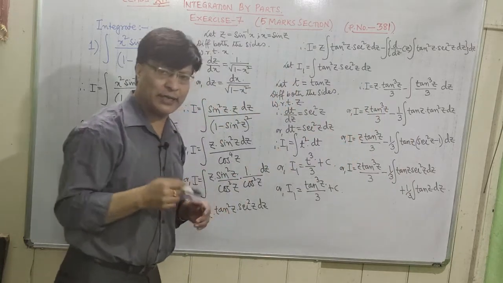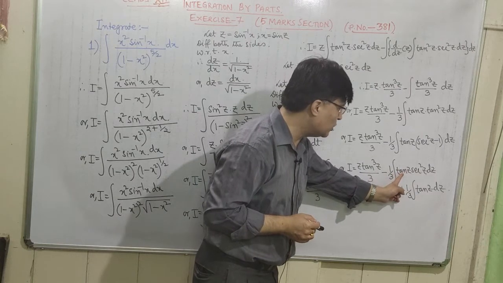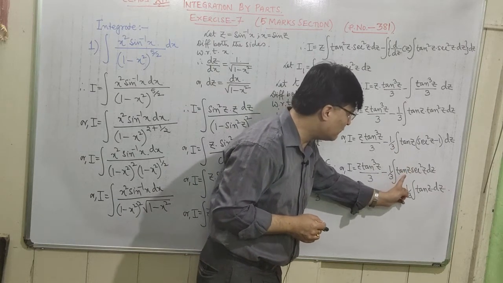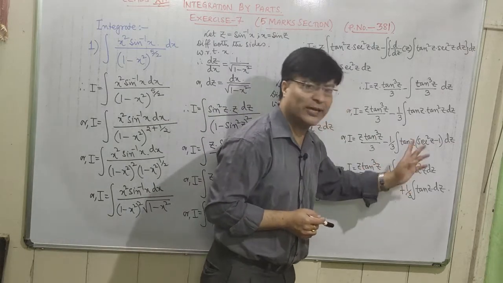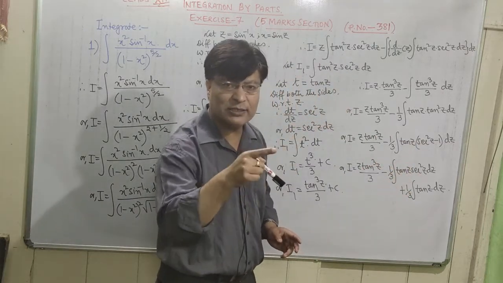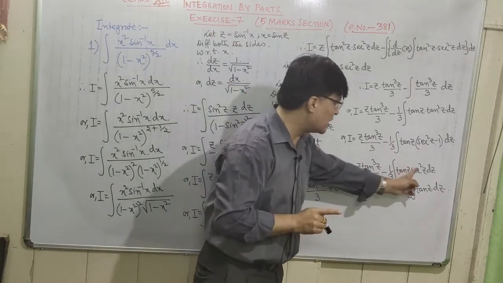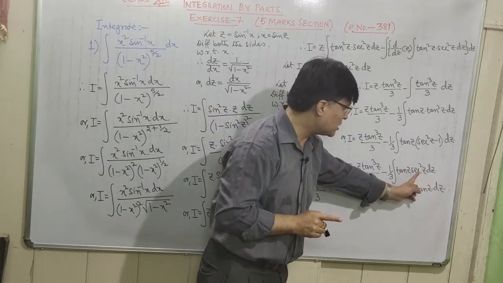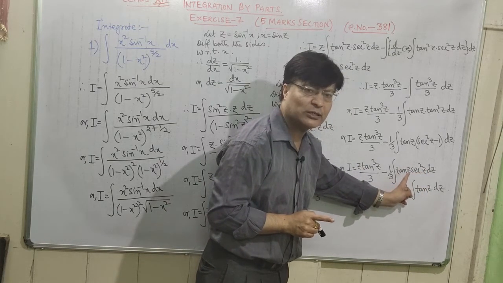So again I am explaining you. So how can you evaluate this integration? Let us assume u is equal to tan z, because differentiation of tan z is sec square z, right? So let u is equal to tan z. So du by dz is equal to sec square z. If you cross multiply, you will get du is equal to sec square z dz. So instead of sec square z dz, you can write du, and this is u. What is integration of u du?